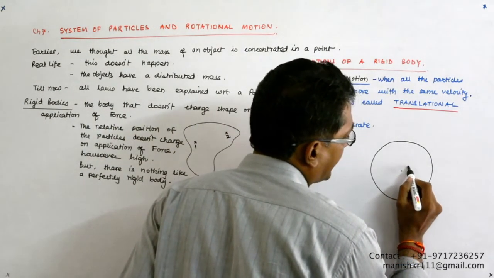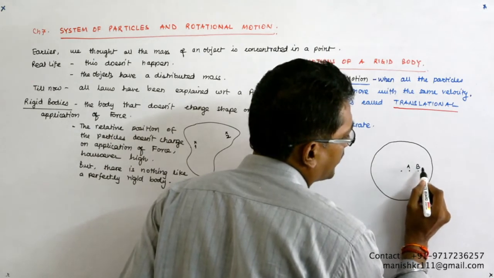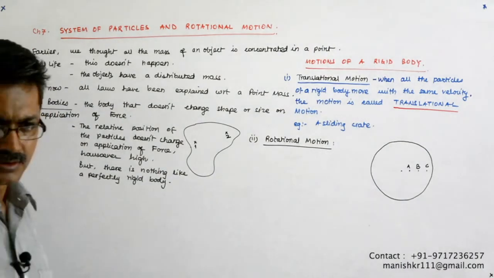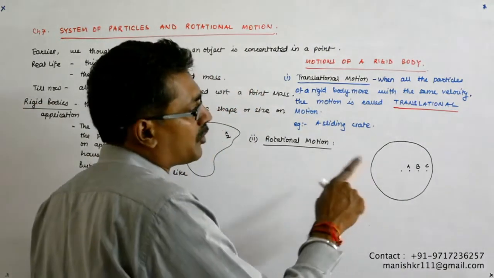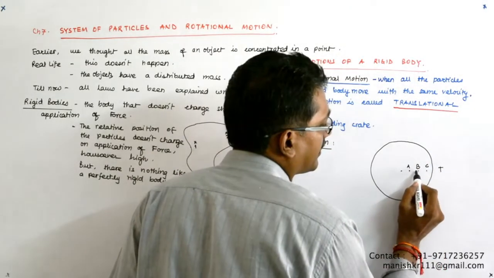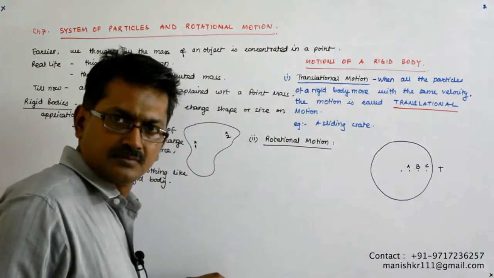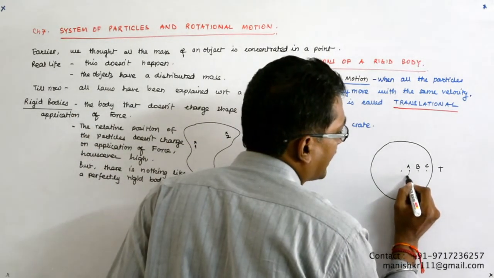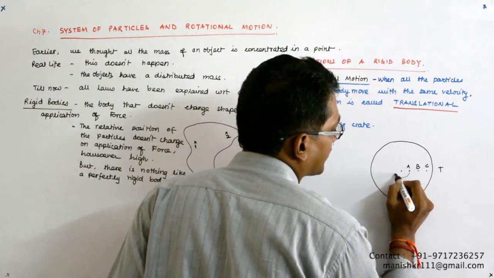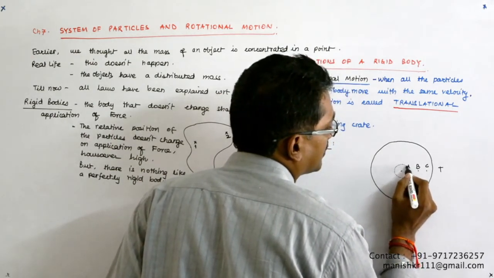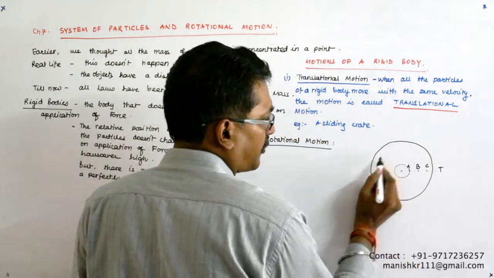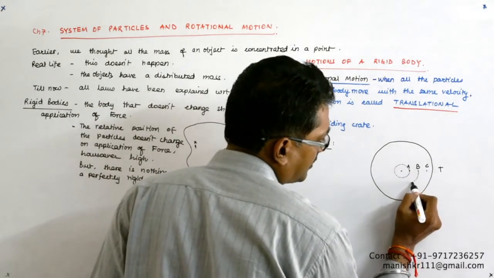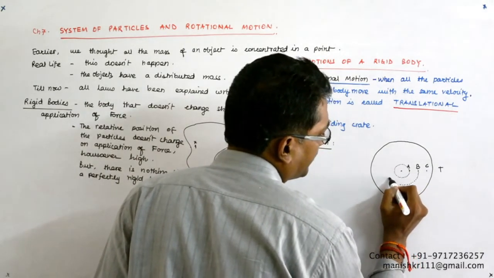Now what happens? I mark a point A out here and a point B out here and a point C out here. Now what do I see? Suppose in a time capital T, they complete one round. What do you expect? Since it is a rigid body, this point will come back to the same point. The point B will be back to the same point.